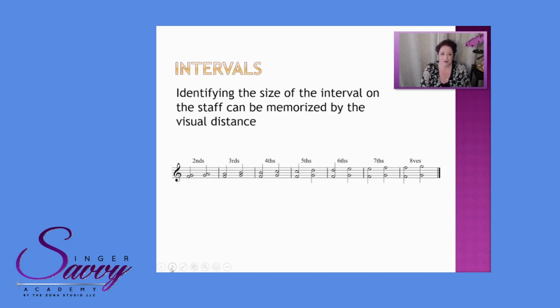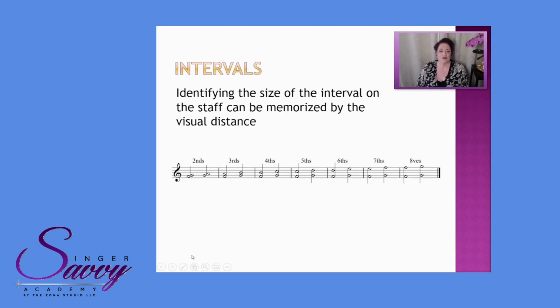A sixth goes from a space to a line, skipping 3 lines, or a line to a space, skipping 3 spaces. A seventh goes from a space to a space, skipping 3 spaces, or a line to a line, skipping 3 lines. And then an octave is always going to go from a space to a line or a line to a space, skipping 4 lines or 4 spaces.